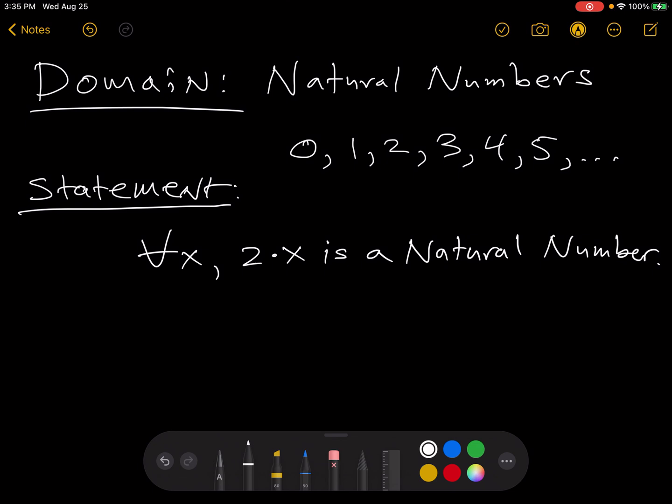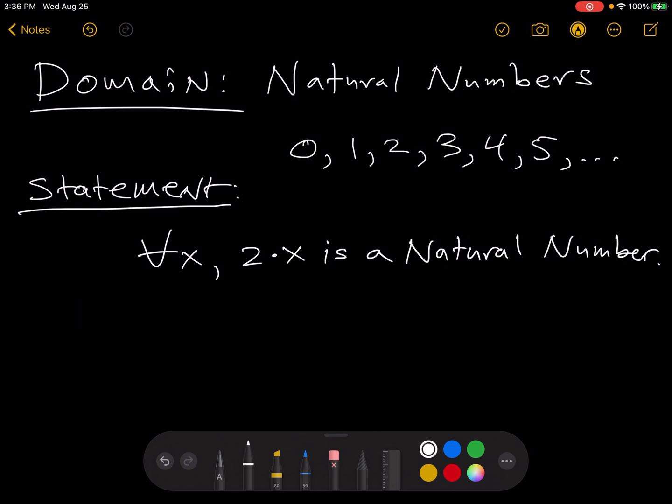Let's see, you can make a little list, or maybe a little table. You could say natural numbers, and then maybe, let's do it like this.